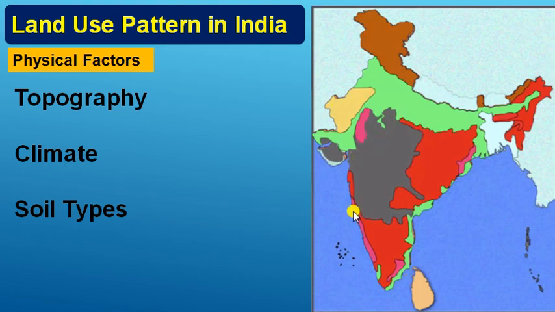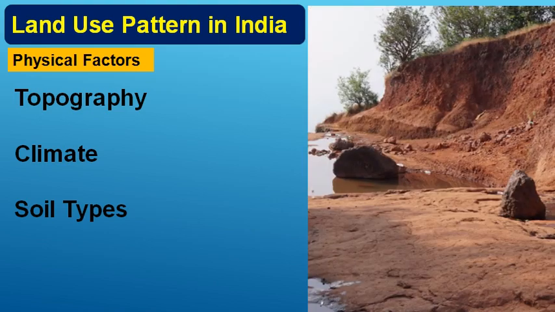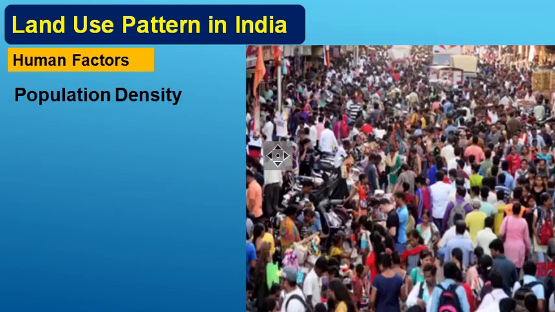India is a land of diversities, and different parts of India have different types of soils, and accordingly the crops also vary, because crops depend mainly on two factors: one is climate and the other is soil type. Of course, it also depends on the topography, but mainly it is climate as well as soil types.